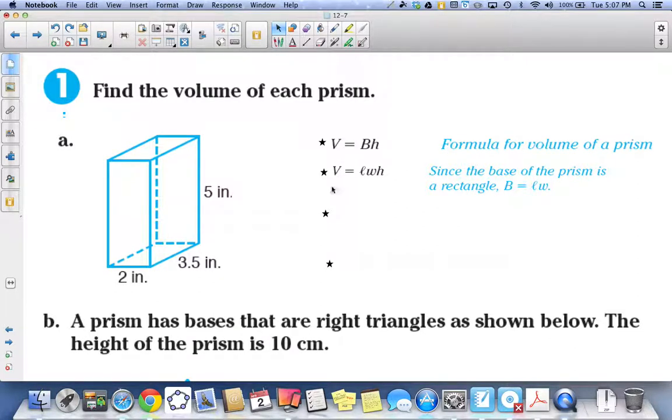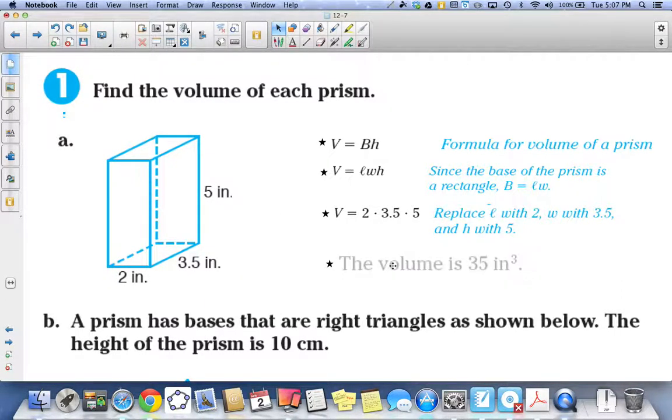So the volume of this rectangular prism is length times width times height. We replace the values: 2 times 3.5 times 5, and we get that the volume of this rectangular prism is 35 cubic inches.